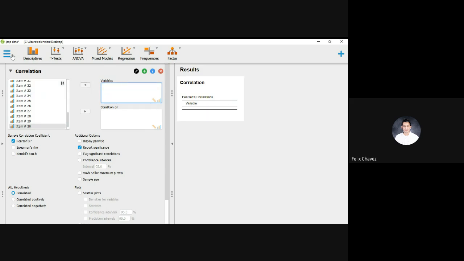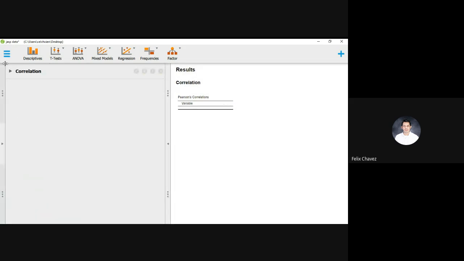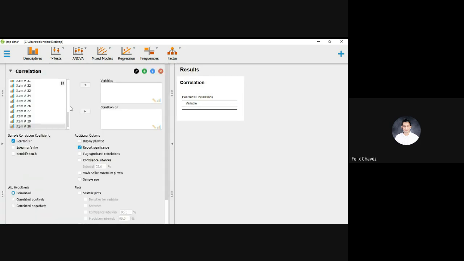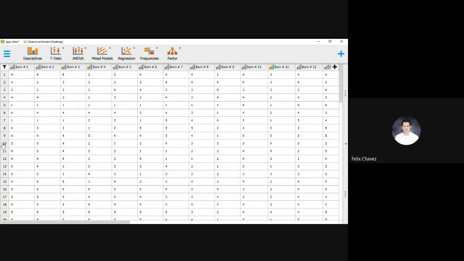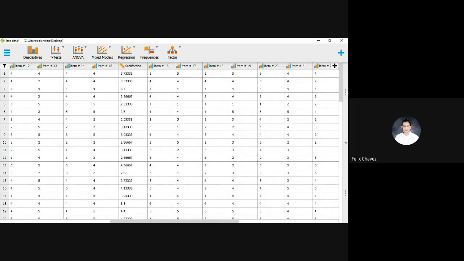This is our data. I'll go back to the data. So for example, we have this Likert scale results and we get the overall mean. Let's look at the overall mean. Titingnan niyo yung overall mean in the data.